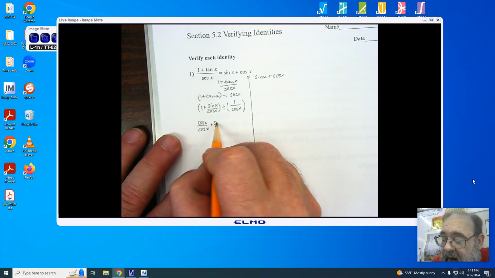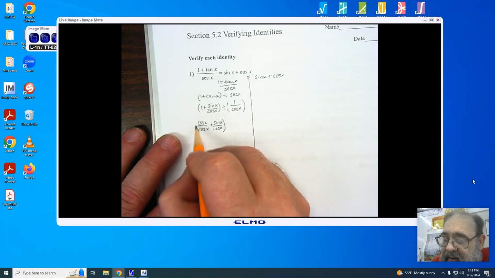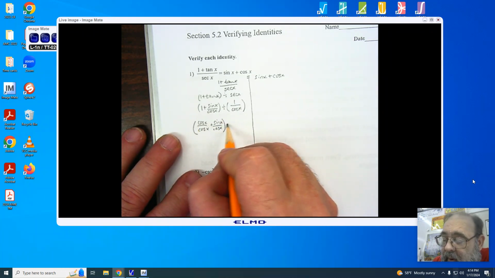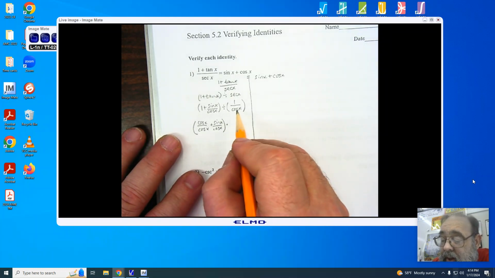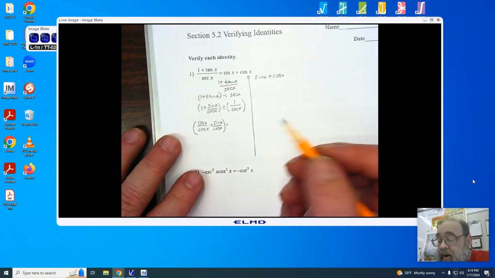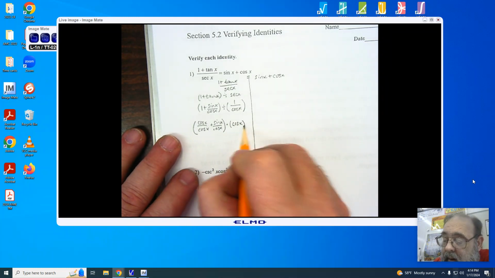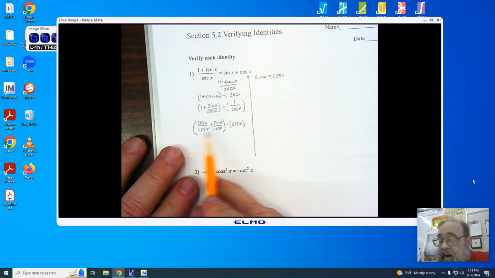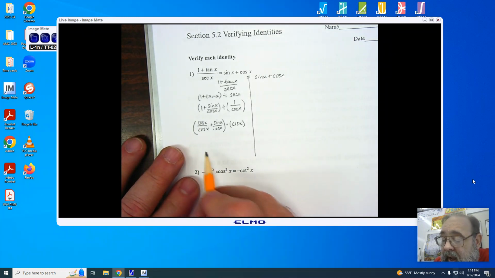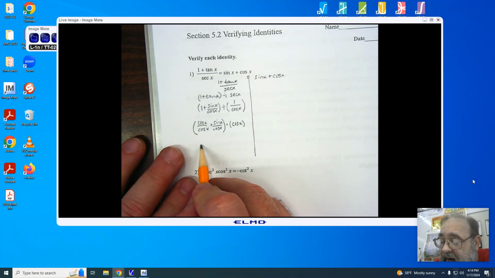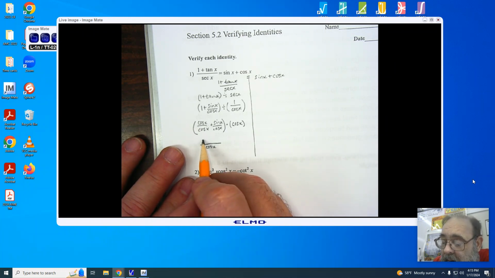I have plus sine of x over cosine of x, and when I divide by a fraction, I multiply by the reciprocal. So the reciprocal of the fraction 1 over cosine is cosine. I'm now going to get the common denominator, which I've already located. And if you recall, when we have a sum of two fractions, we have the common denominator on the bottom and the sum on the top.